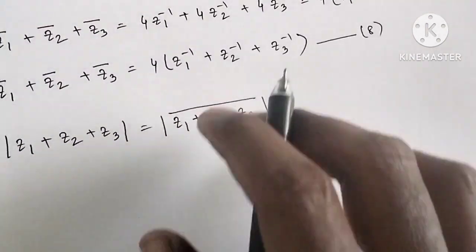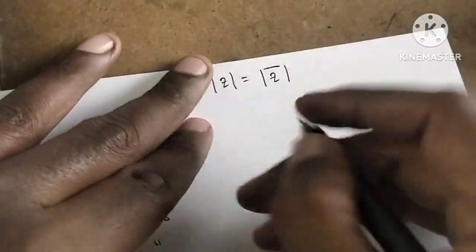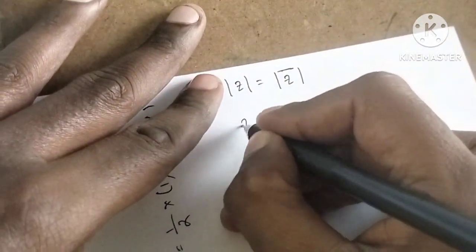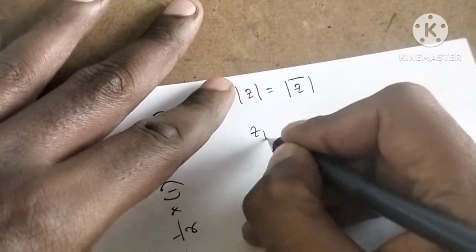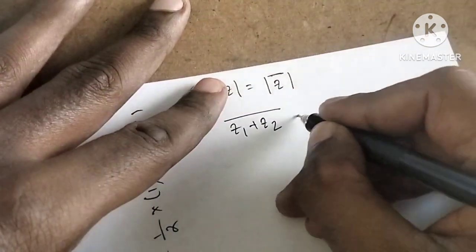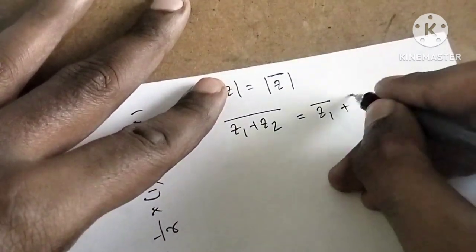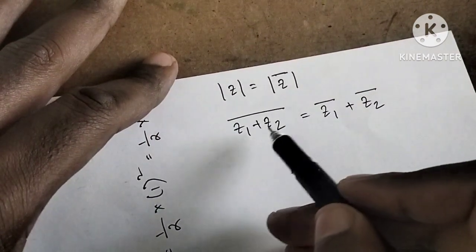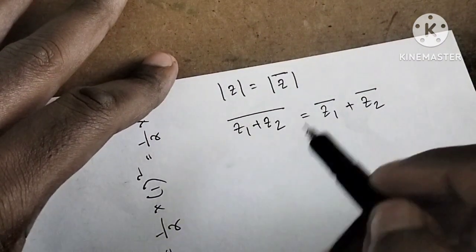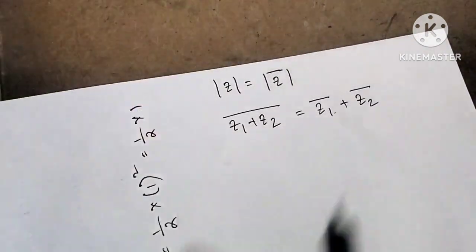Now see another formula. z1 plus z2 whole conjugate is the same as z1 conjugate plus z2 conjugate.